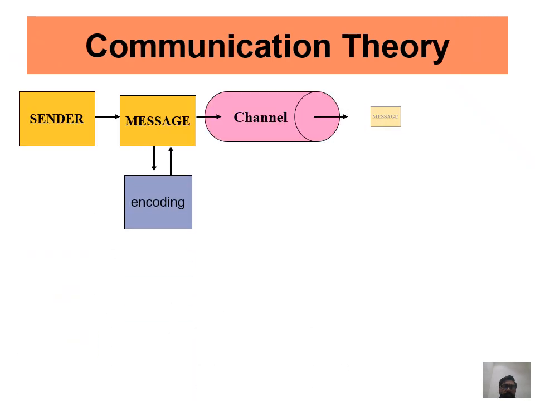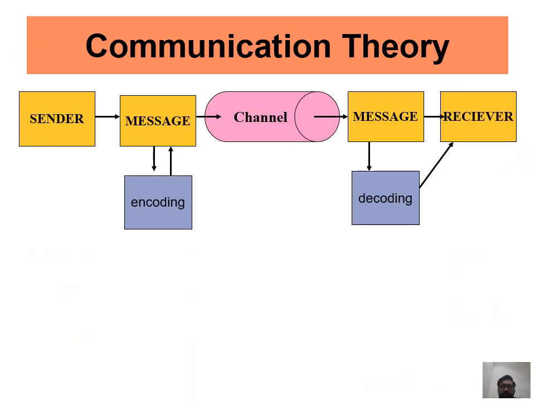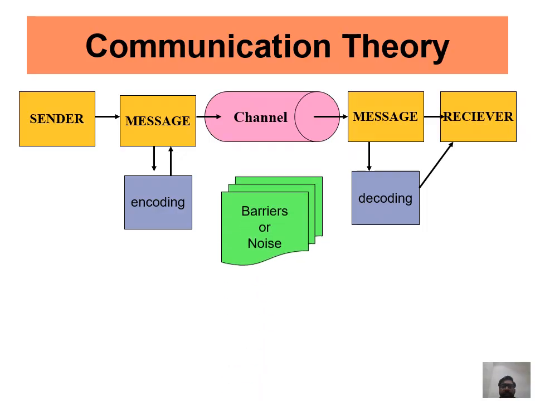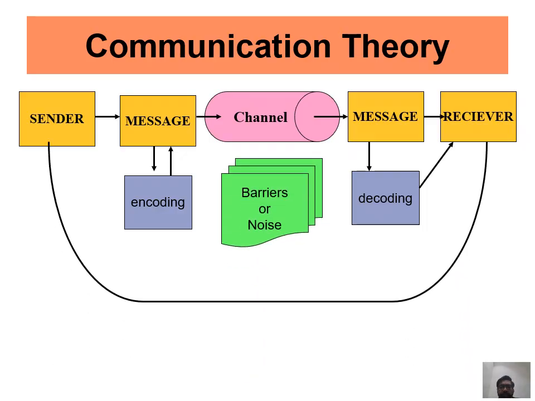Now you can see one more similar image. This image is just similar to the communication theory diagram or process that we discussed in the previous slide. So you can see important components like sender, message, channel or media, message, and receiver. Once the sender prepares to transmit the message, the encoding process happens.